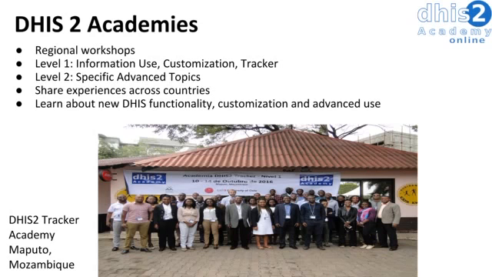The Level 1 Academy includes the Information Use, Customization, and Tracker academies. And the Level 2 academies now include specific advanced topics. Through these academies, we also encourage sharing experiences across countries, with the main goal ensuring that participants learn about new DHIS functionalities, customizations, and advanced use cases.